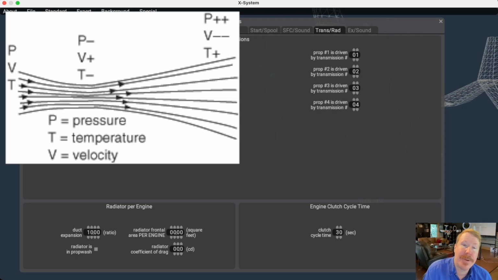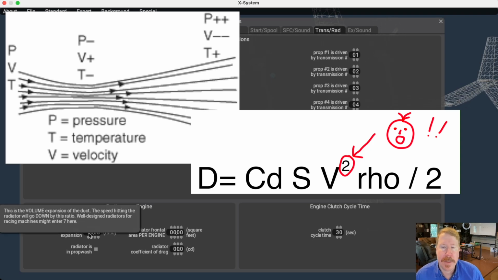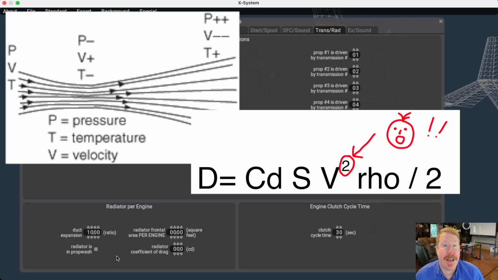And when the air slows down, the drag comes down with it. So the secret to a low drag radiator is to have a small air inlet in the front and have the duct expand as much as possible, even 10 to 1, to slow that air way down. When the air hits that radiator, it is going a lot slower and has a lot less drag.